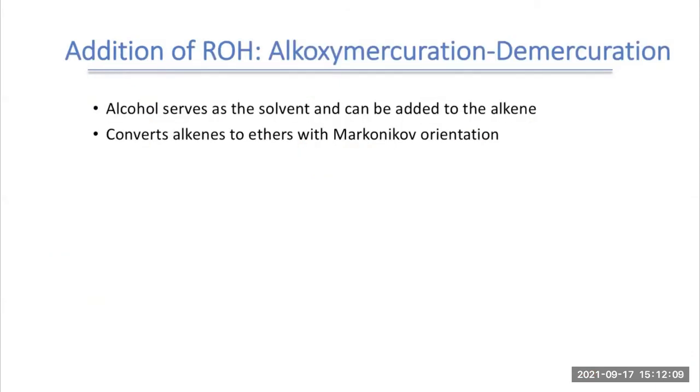One slight variation on the oxymercuration-demercuration is called the alkoxymercuration-demercuration. And this is where instead of water, we have an alcohol. And so your alcohol will serve as a solvent in this case. So it goes through the exact same steps where we have our mercury. And now instead of water, we can do something like methanol or ethanol or propanol.